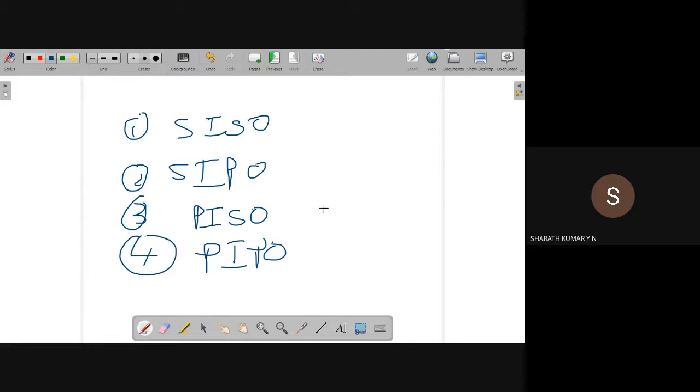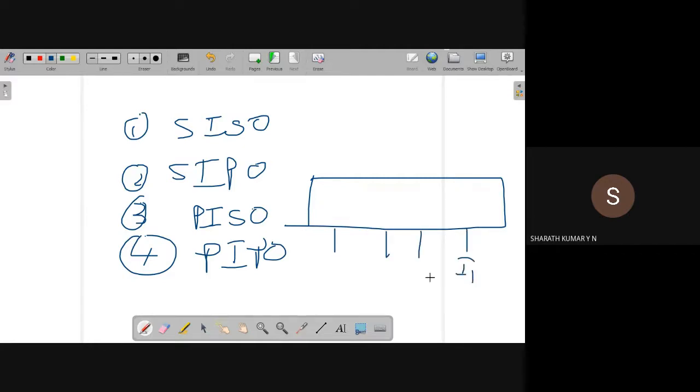Let's say there is a four-bit register where we apply the input as I1, I2, I3, I4. It has four outputs, O1, O2, O3, O4, O for output.